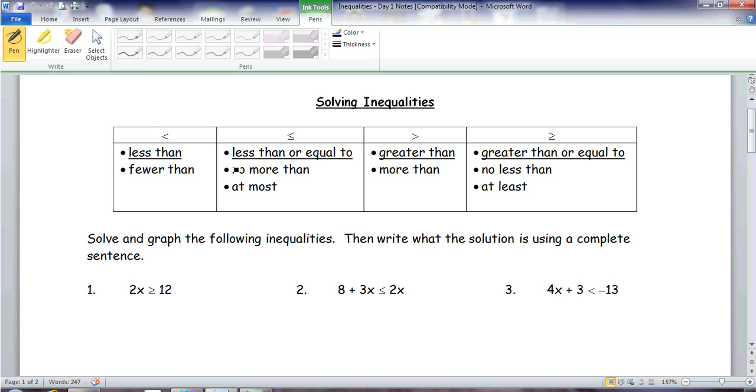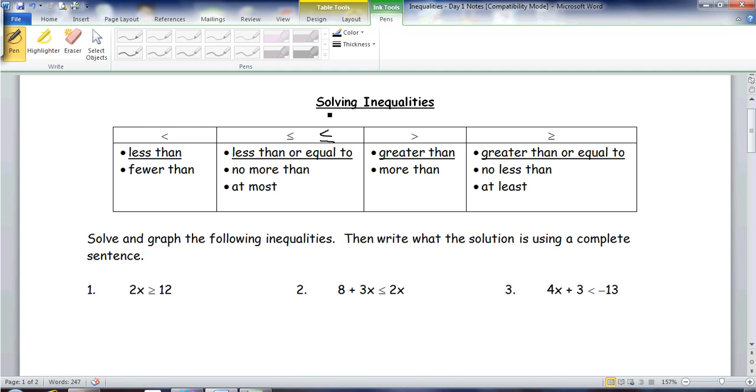Now, one that you have probably seen before but don't remember is this right here that's less than or equal to. And notice we have the less than symbol, but we also have the equals symbol that goes underneath right there. That can also be seen, written or spoken, as no more than or at most.